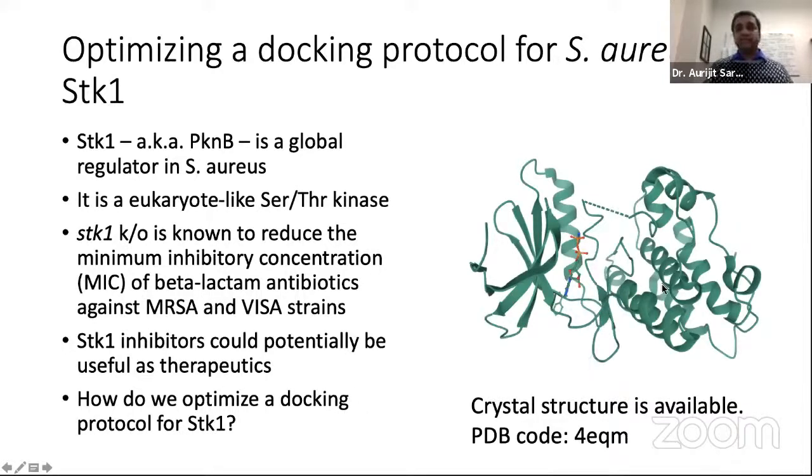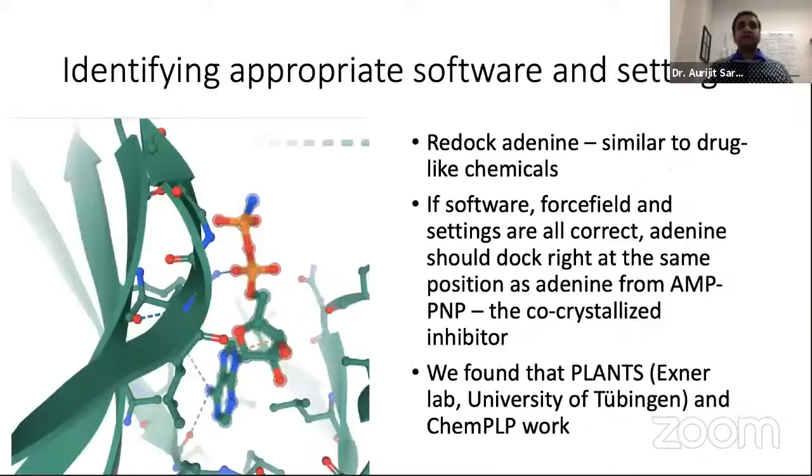What do we have? We have a crystal structure in the PDB, 4EQM. I have given you the code right here. So you take this structure, you prepare it, and you run a docking study. In order to do that, first of all, you have to identify the appropriate software and settings that will do a proper docking.